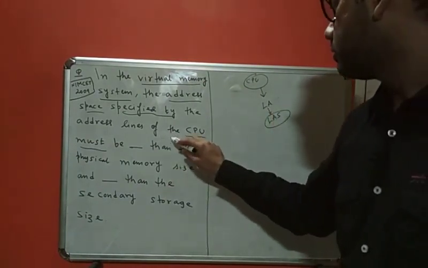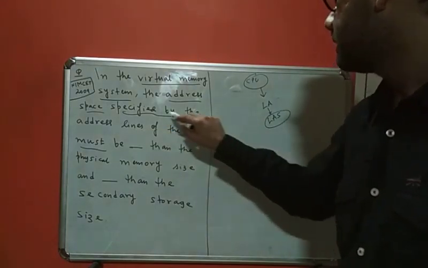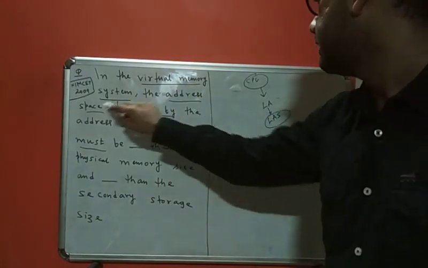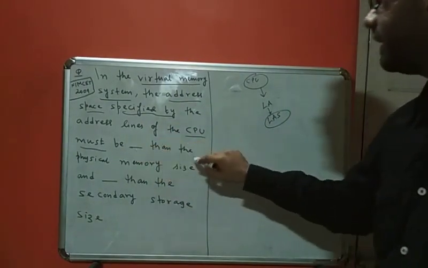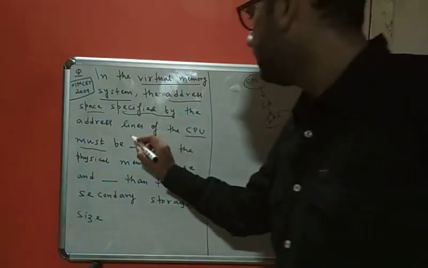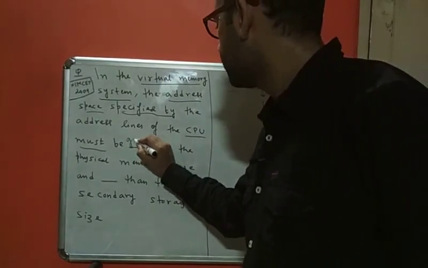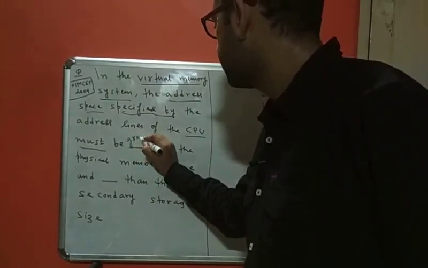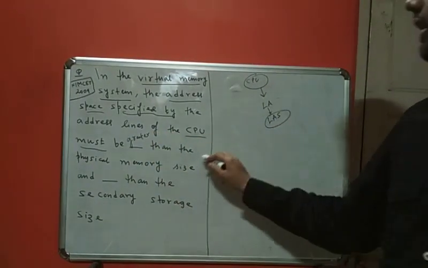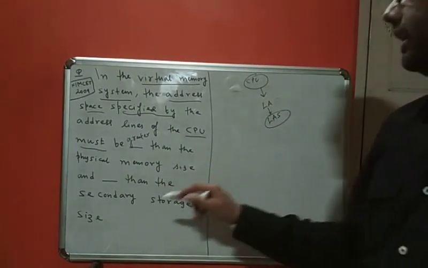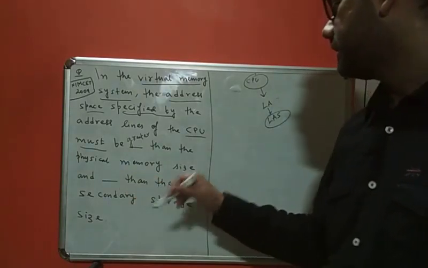Anyway, so the address space specified by the address lines of the CPU must be blank than the physical memory size. So this must be greater, right? Must be greater than the physical memory size, and blank than the secondary storage size.